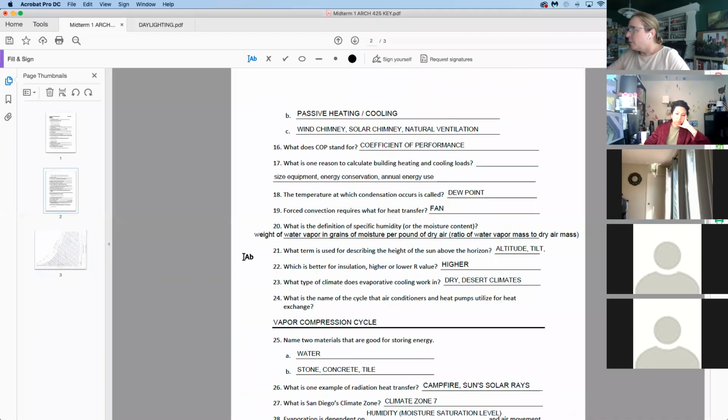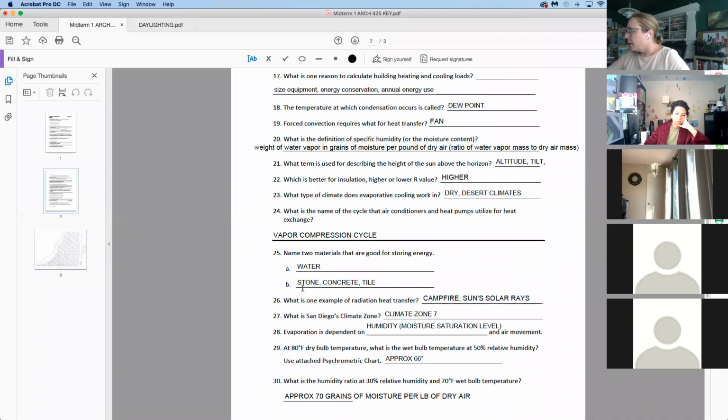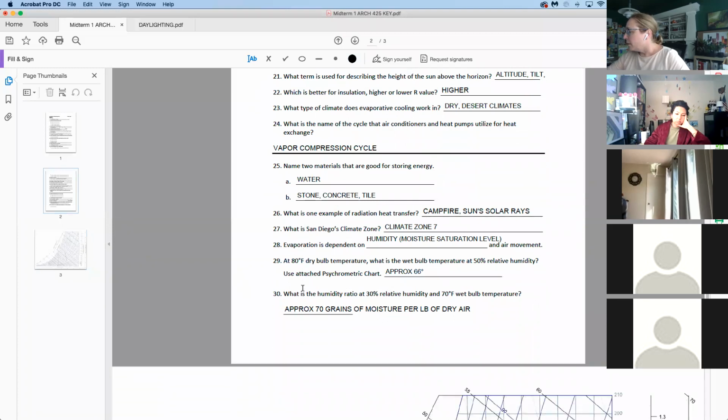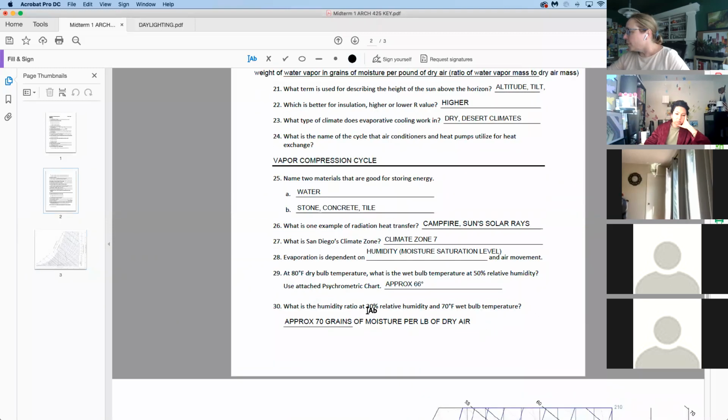The second one was worded a little bit differently, as an example to understand the right side of the chart. I was looking for the humidity ratio at 30% relative humidity and 70 degrees wet bulb temperature.